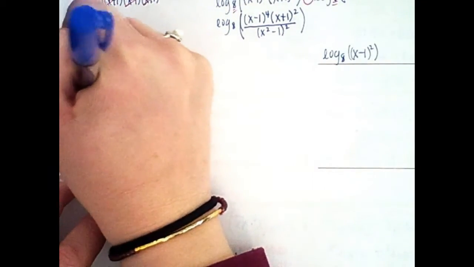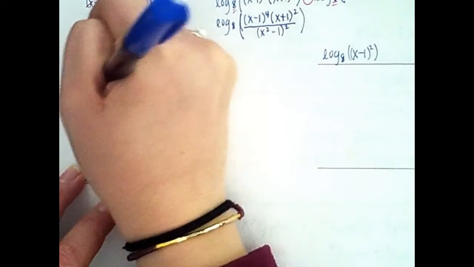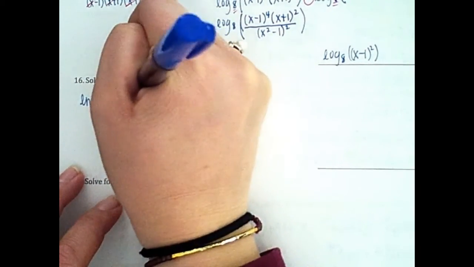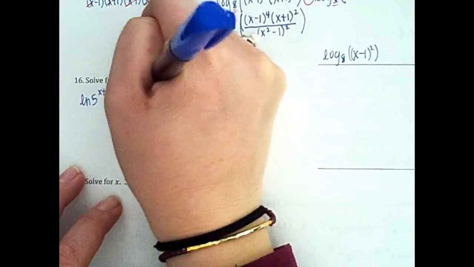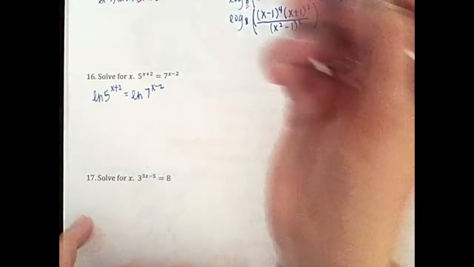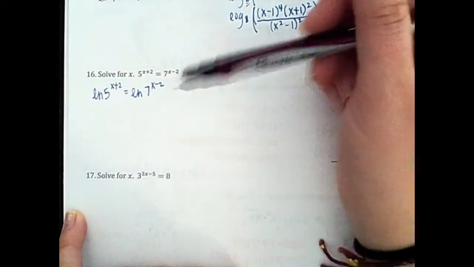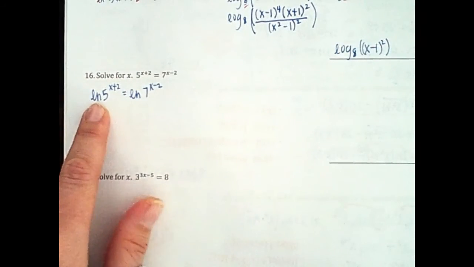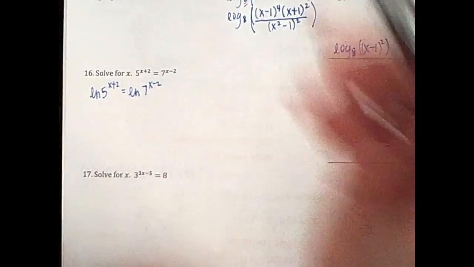So it would be ln of 5 to the x plus 2 equals ln of 7 to the x minus 2. Okay, so now that we've taken the ln of both sides, remember, it's just a process, just like taking the sine of both sides, just like square rooting both sides.